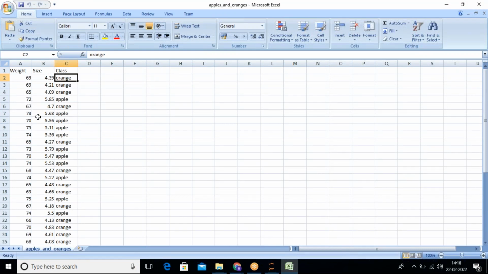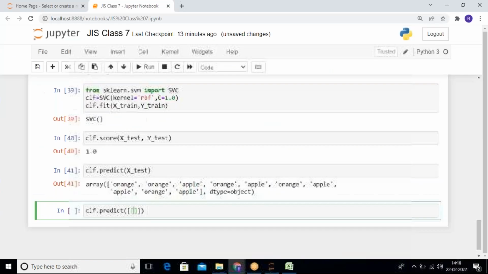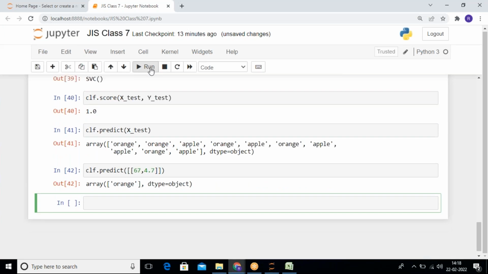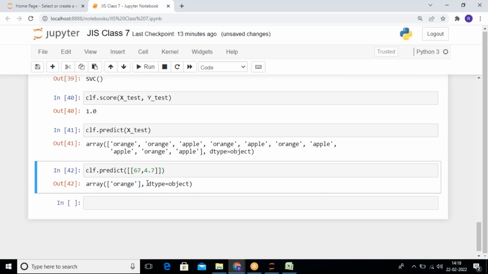Or suppose weight is 67 and size is 4.7, then it must come orange. It is giving orange.